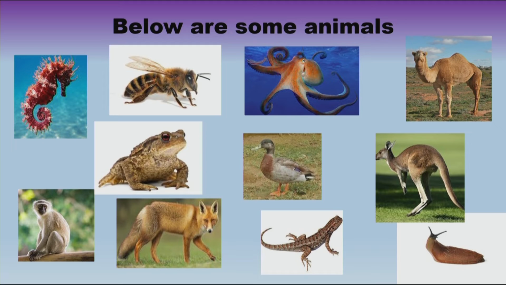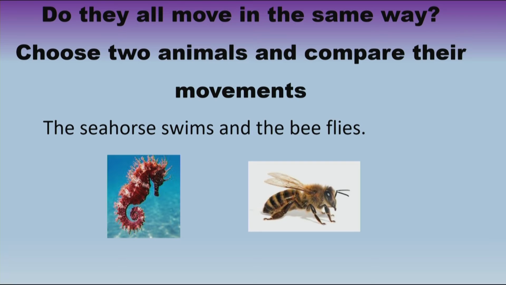What we are going to do, we are going to use the pictures to compare the animals' movement, to compare the way they move. When we are comparing, we either find the differences or the similarities.